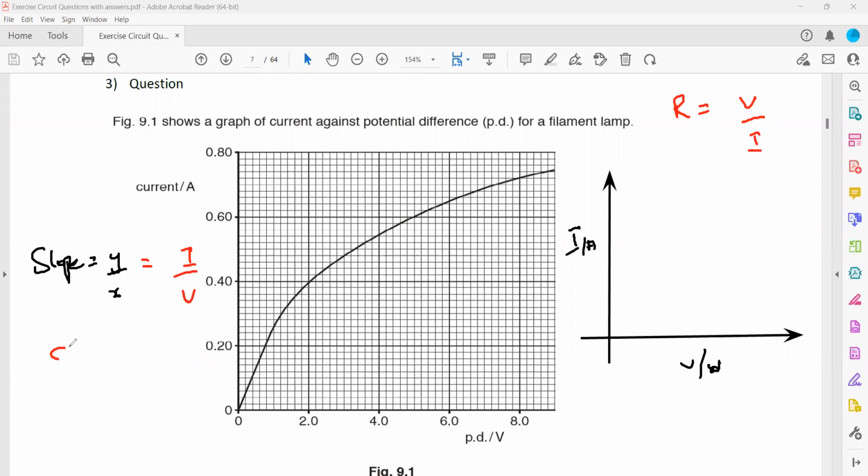That's why we say slope is equal to 1 over R. So if the slope is decreasing, the resistance will increase.